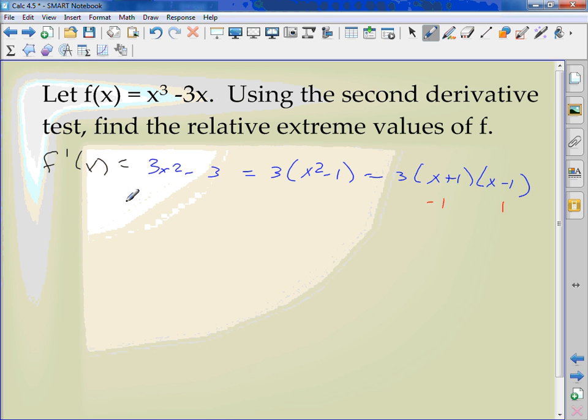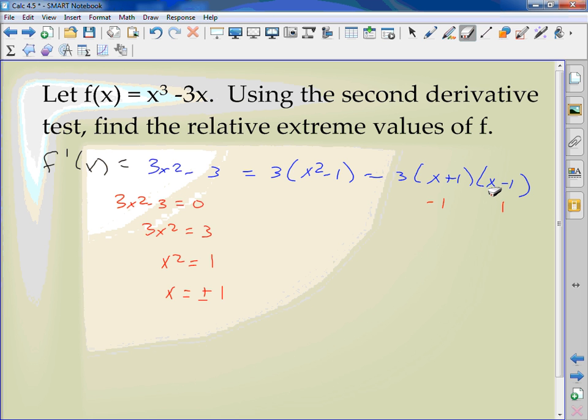If I would have set 3x squared minus 3 equal to 0, add the 3 over, 3x squared equals 3, divide by 3, x squared is 1, take the square root, x is plus or minus 1. Same thing.